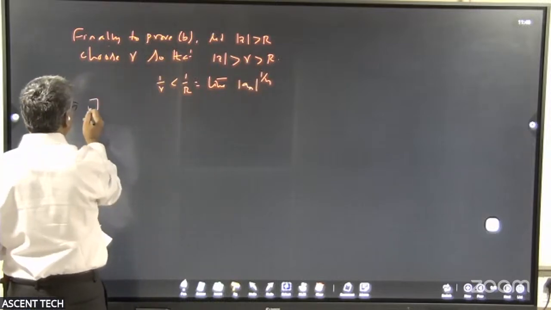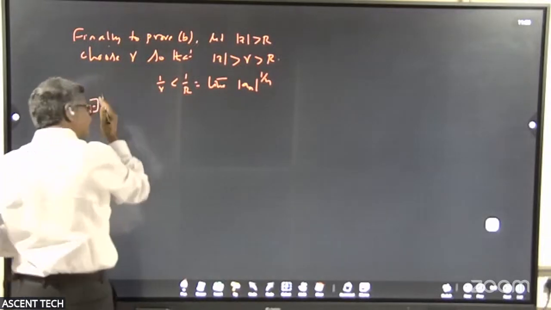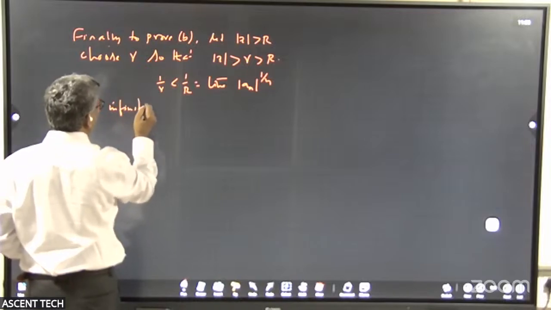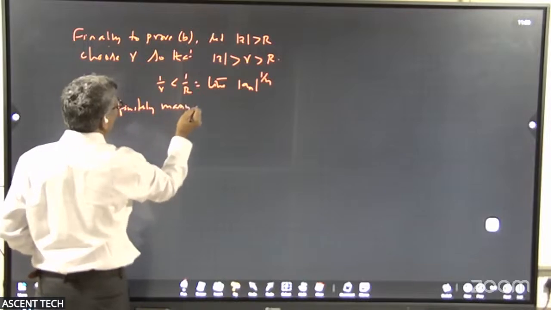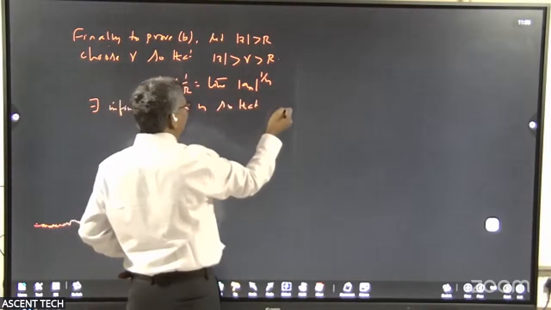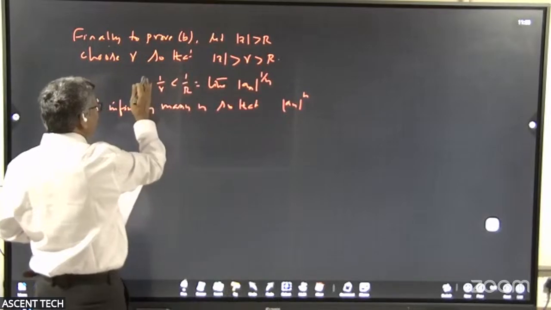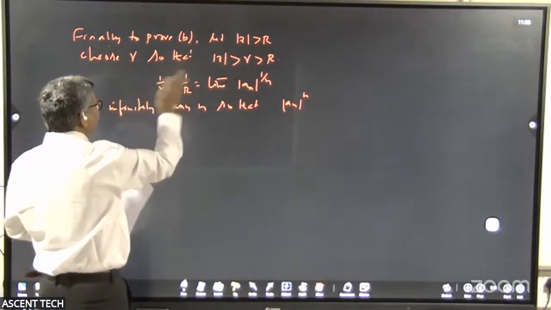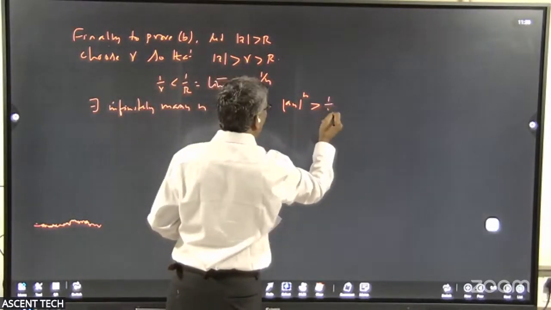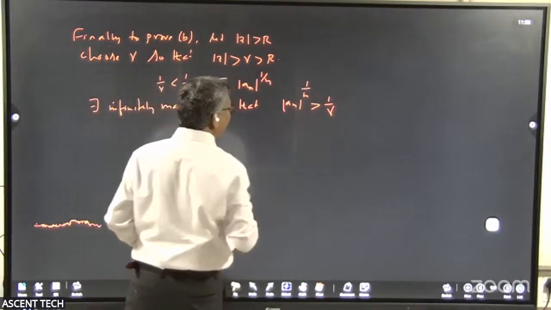So there exists a subsequence, there exist infinitely many n so that mod an to the 1 by n is greater than 1 by r. So lots of things will cross and go towards 1 by r.